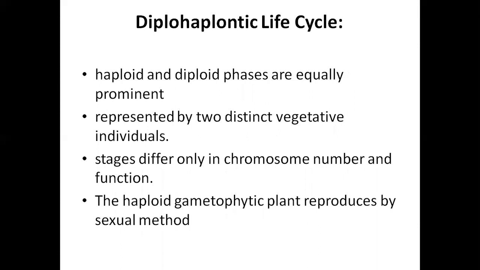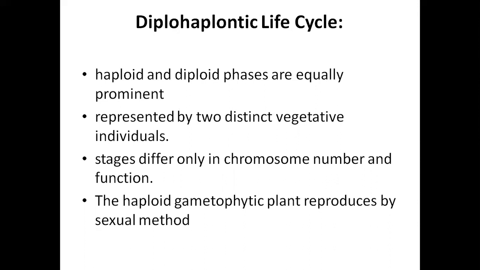Now next comes diplohaplontic life cycle. Now they have equal weightage to haploid and diploid phases. There will be 2 vegetative individuals, and we have already stated that stages can be identified by the number of chromosomes only. Now haploid gametophytic plant produces by sexual method.